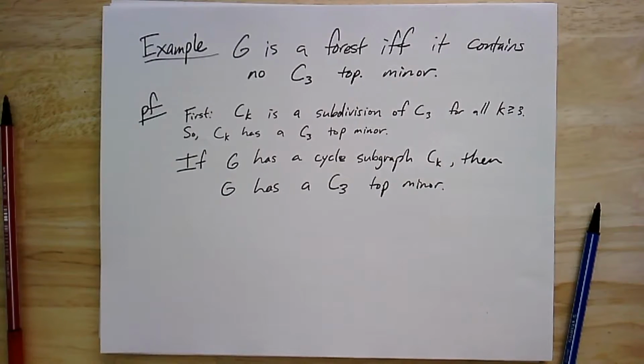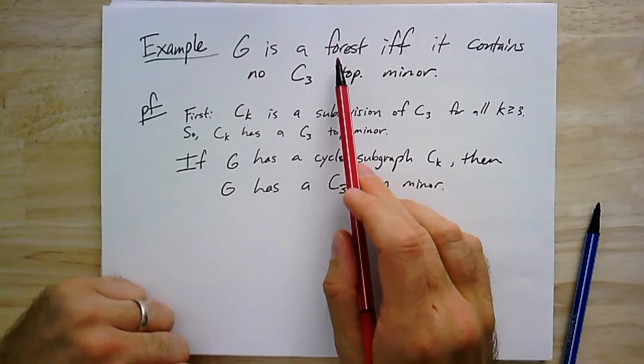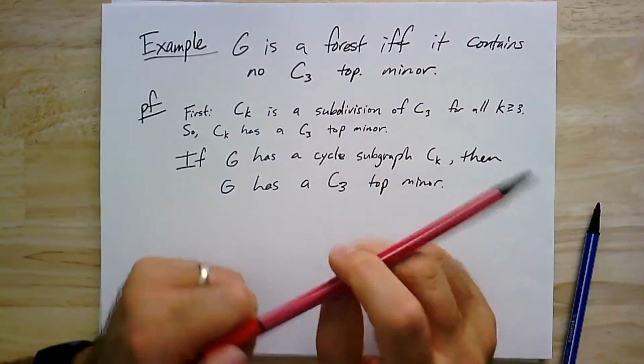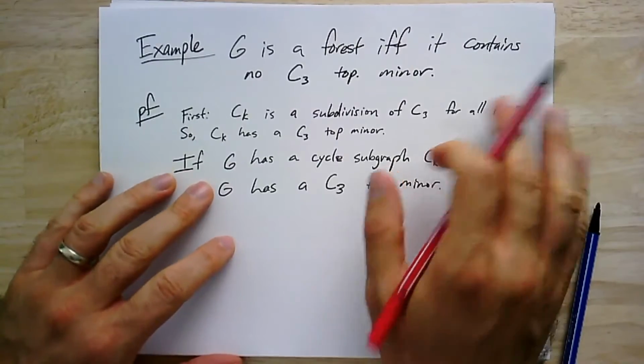A wonderful example of this is that you can redefine what we called a forest just in terms of topological minors. Recall that a forest is a graph that has no cycles. There are no subgraphs isomorphic to any cycle.